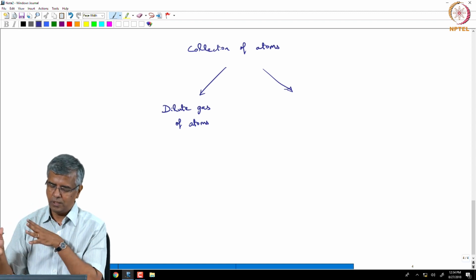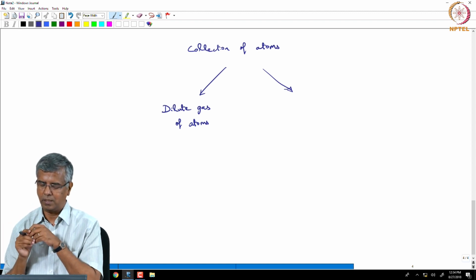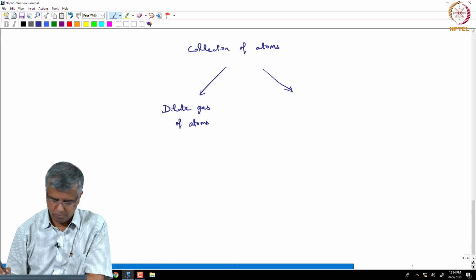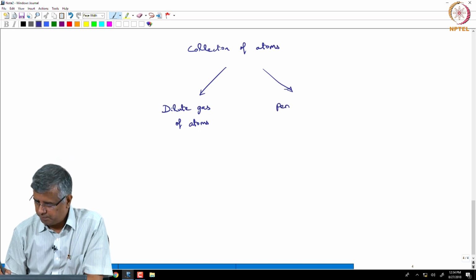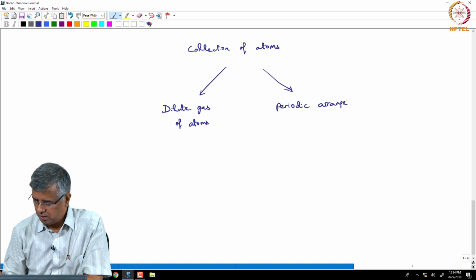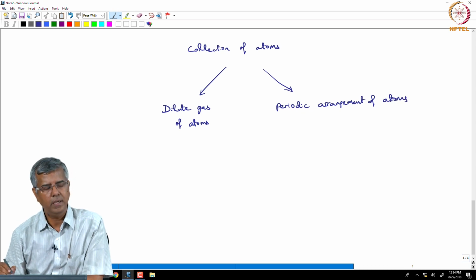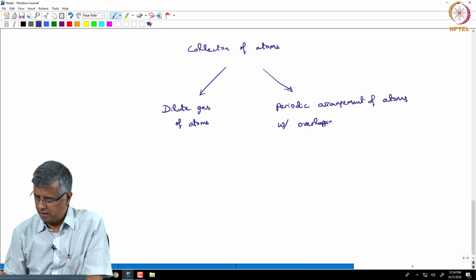Now, this is different from another system where you have a periodic arrangement of atoms, specifically with overlapping wave functions.